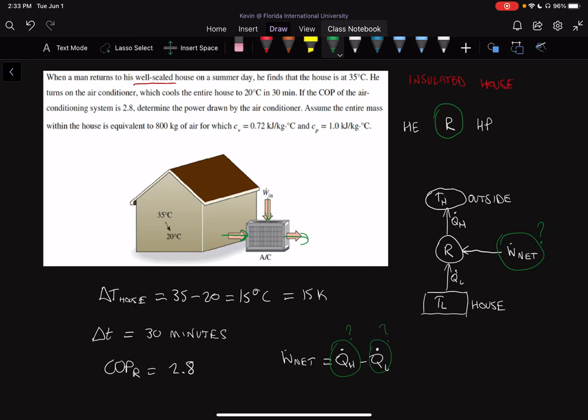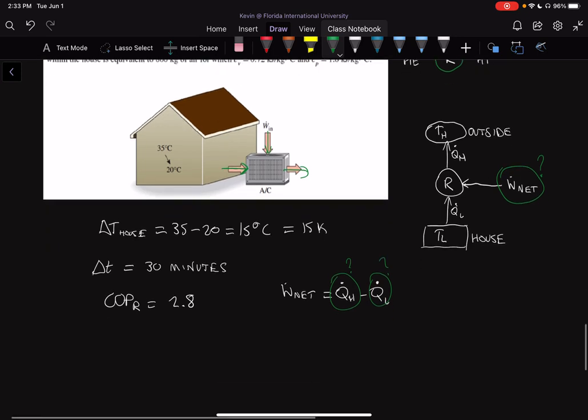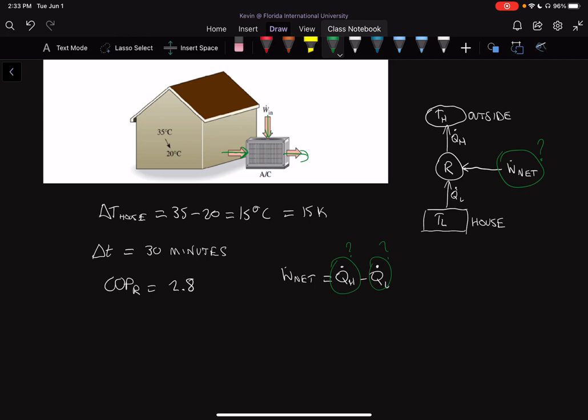Now, there's another equation that relates work dot net with Q dot L as well. The COP of R is equal to Q dot L over work dot net.